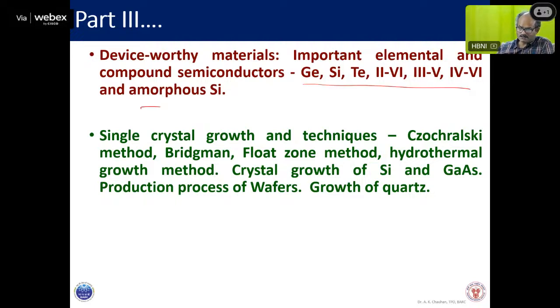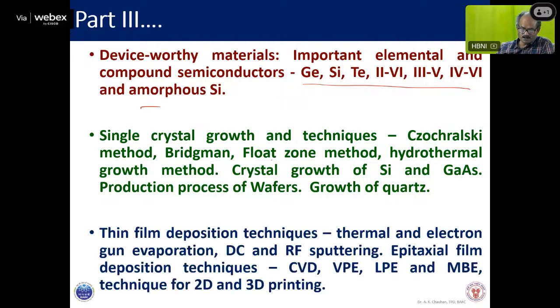And then single crystal growth and techniques: the Czochralski method, Bridgman, cold zone method, hydrothermal growth method, crystal growth of silicon and gallium arsenide, production process of wafers, growth of quartz, and thin film deposition techniques: thermal and electron gun operation, DC and RF sputtering, epitaxial film deposition techniques, PVD, VPE, LPE, and LB.